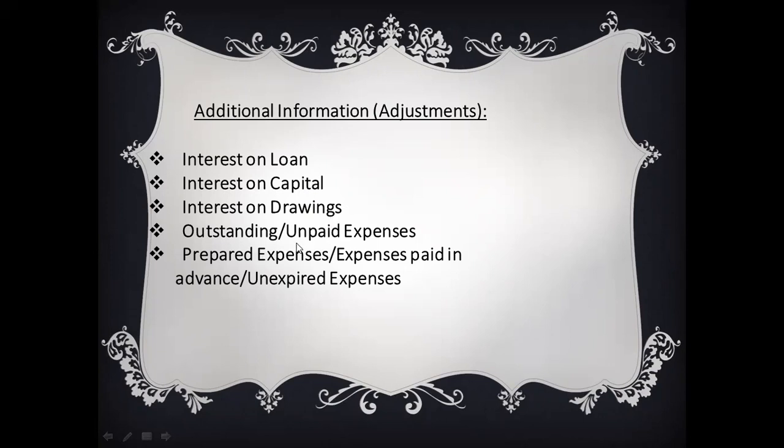Outstanding or unpaid expenses are expenditure but not paid during the year, so they are to be deducted. Prepaid expenses, or expenses paid in advance or unexpired expenses, are expense amounts paid in advance not related to the current financial year, so they are to be added.